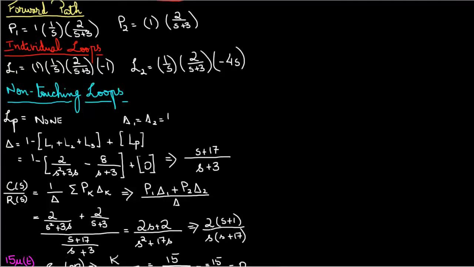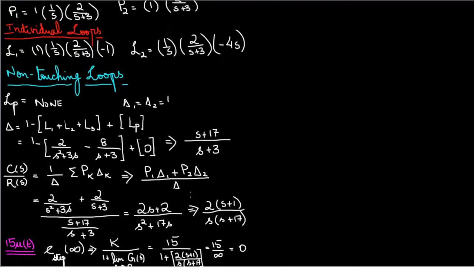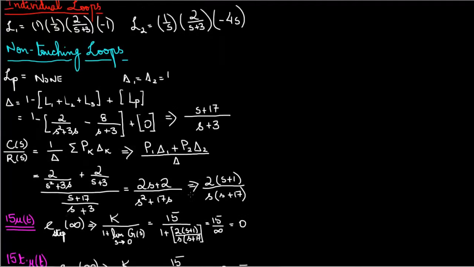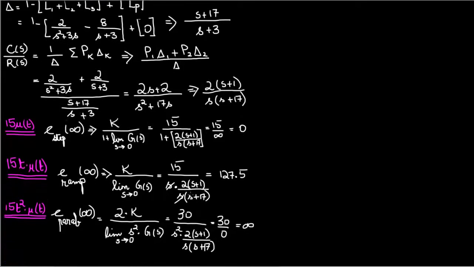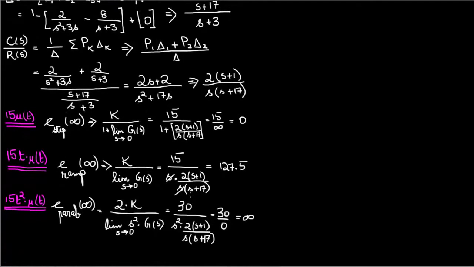Now, once you have this form of the equation, you would use the step input functions they gave us in the problem to find your steady state error. So the first one is going to be our step, which is 15 times u of t.